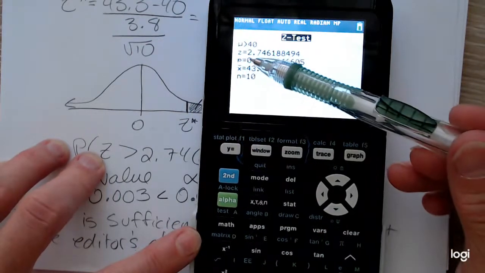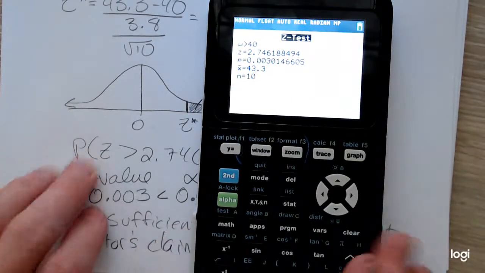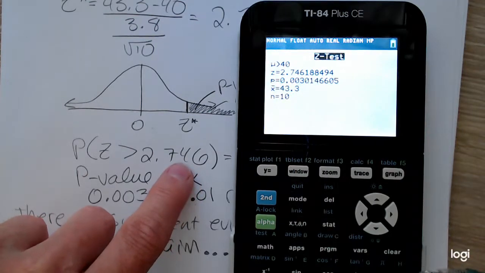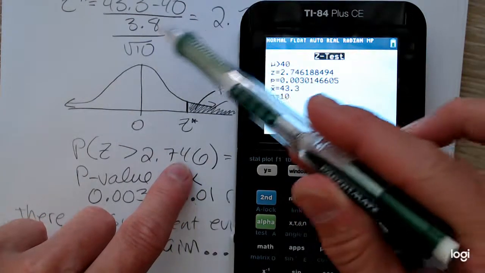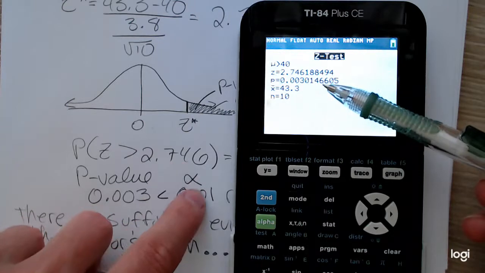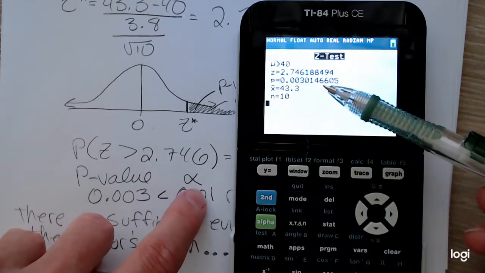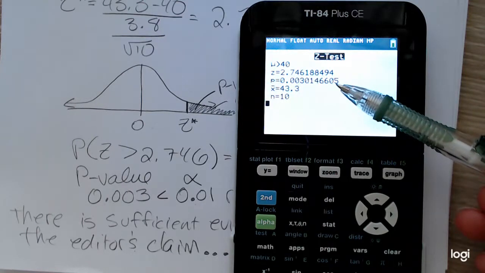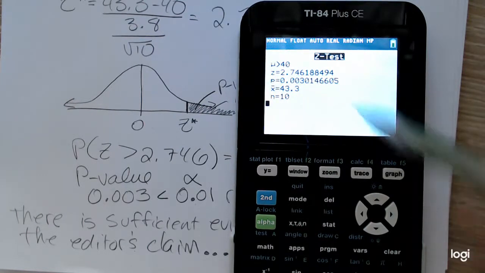We'll get our standardized test statistic, which is very close to the one that I got finding it by hand. And here's the corresponding p-value. So you can get the standardized test statistic and the p-value from the TI-84 directly. You just need to make sure you put in the correct alternative.